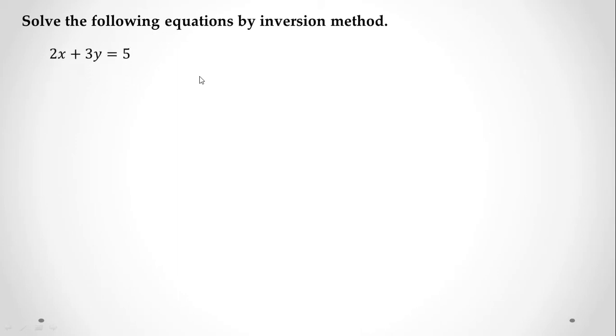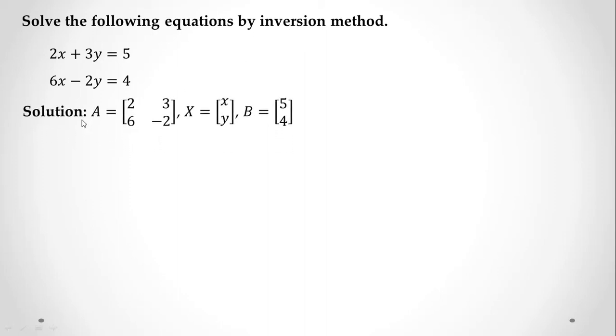Suppose you have two equations given to you: 2x plus 3y is equal to 5 and 6x minus 2y is equal to 4. So these are a pair of equations with two variables or two unknowns. So we have to determine the values of x and y by using the matrix method, or the inversion method.